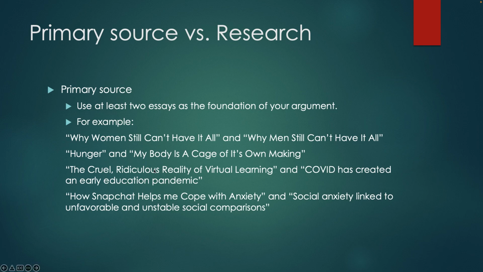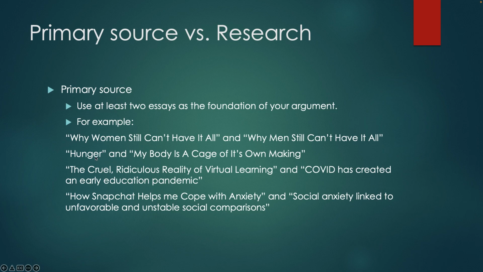I have a few examples here of pairings that work really well, two essays in that reading folder that would be good as the foundation of your argument. Why women still can't have it all and why men still can't have it all, that's an excellent pairing. They're designed to be together. Or the topics of hunger and my body is a cage of its own making.